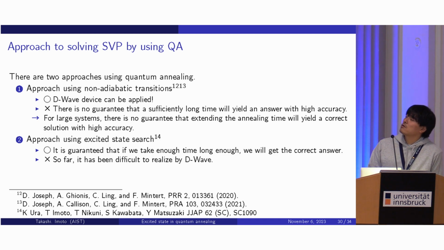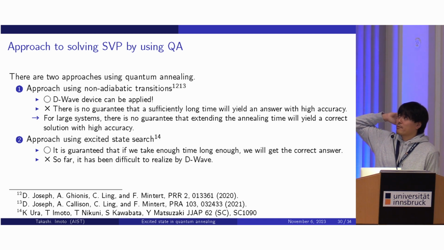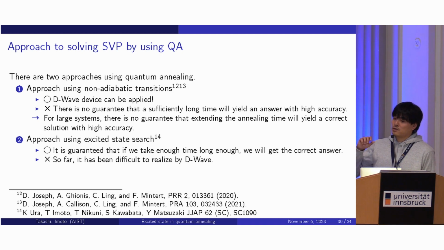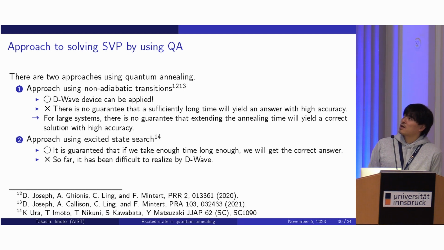And next, there are several approaches to SVP, the shortest vector problem, by using QA. The first approach is using adiabatic transition. The good point is that the web device can be applied.